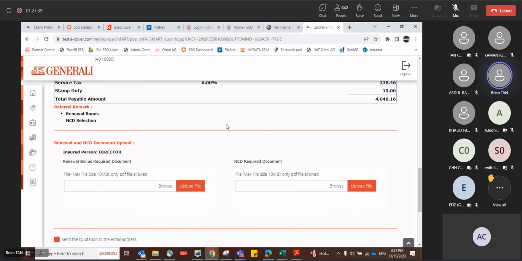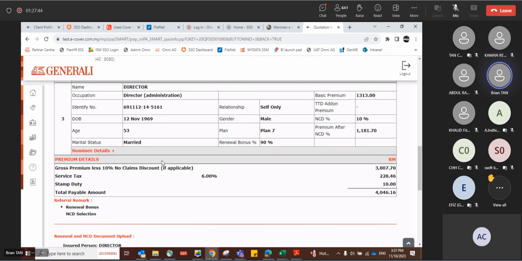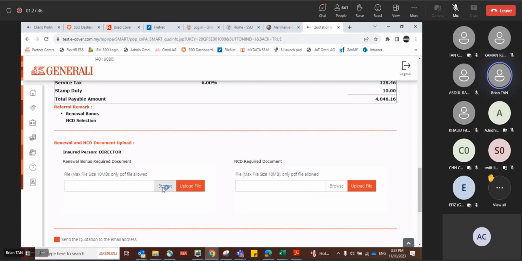Okay, same as the third one, the director, they want NCD and renewal bonus. You have to upload the document.